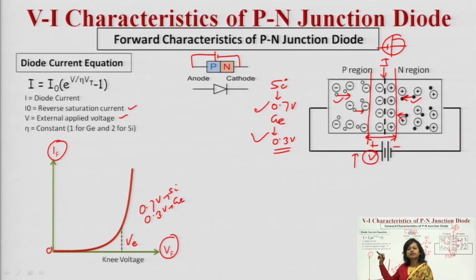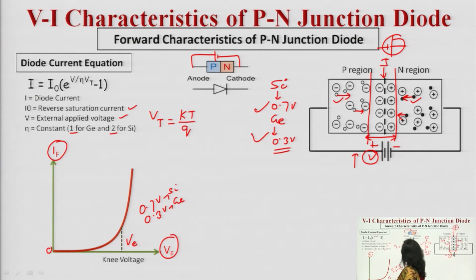Eta is a constant, and the value of this constant eta is 1 for germanium and 2 for silicon. Vt is the volt equivalent of temperature. This is nothing but K into T upon Q. K is the Boltzmann constant, you know its value. Q is the charge.